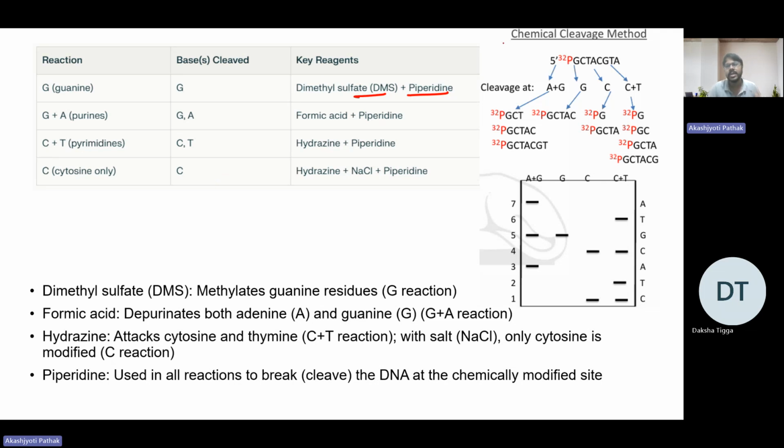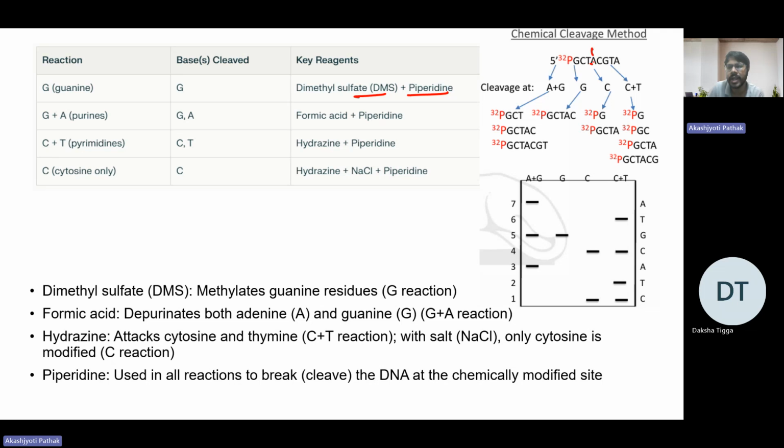So you see here, in this A plus G reaction, what are you getting? If it is A plus G, it will cleave after A or G, so again you will get different fragments.